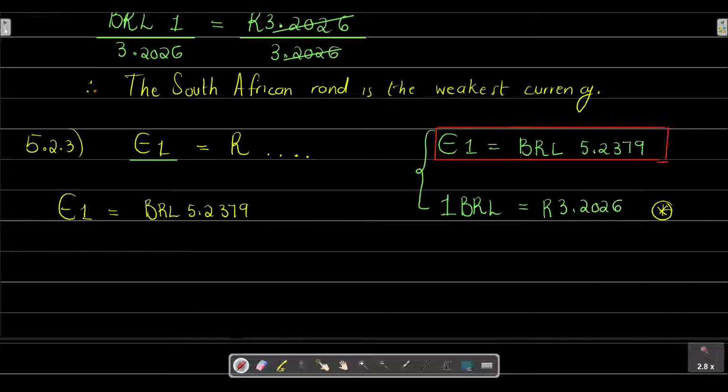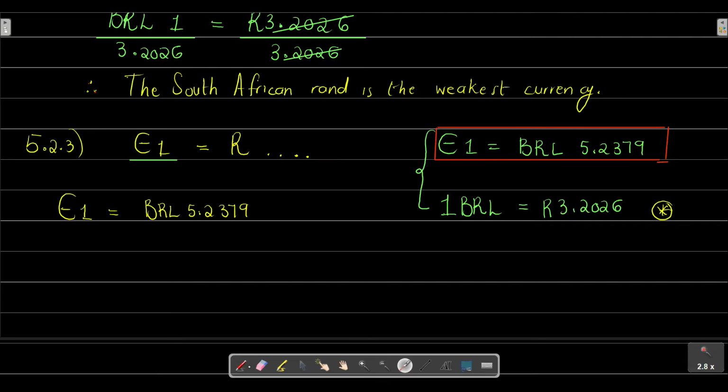It talks about 1 Brazilian real is equal to 3.2026 rands. With this equation, we're going to multiply by what we want and divide by what we have, so that we have our units on the right-hand side in rands.